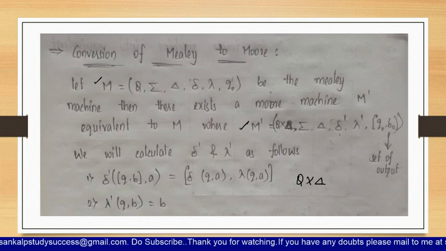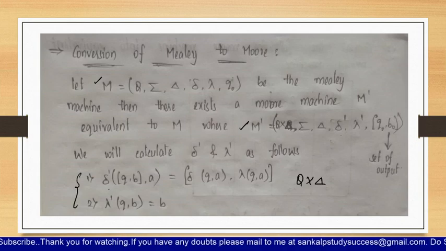Here, the transition function and the output function both will vary. So now let us see what the transition function is and also what lambda dash, that means the output function, is. The formulas are given to us: transition dash of q comma b comma a equals transition function of q comma a, comma lambda of q comma a.